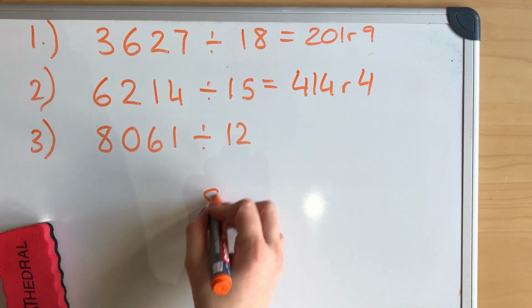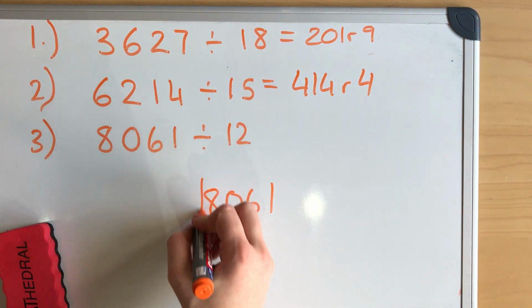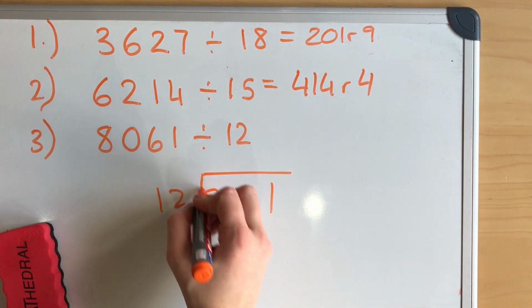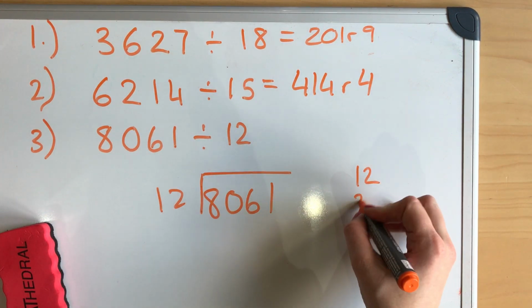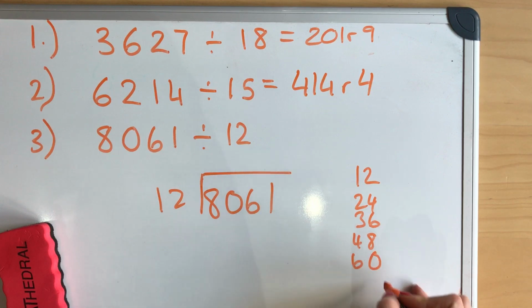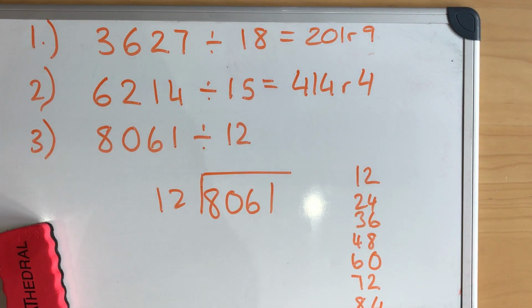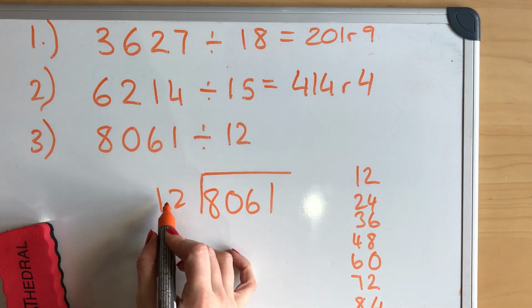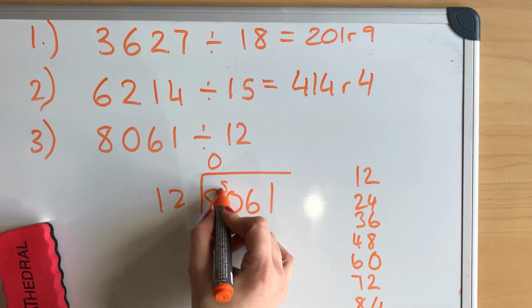And then the last one, 8,061 divided by 12. So let's do 12, 24, 36, 48, 60, 72, 84. And I'm just going to stop there because that's all that fits in my camera. So how many 12s are in 8? There's 0, so I carry my 8.